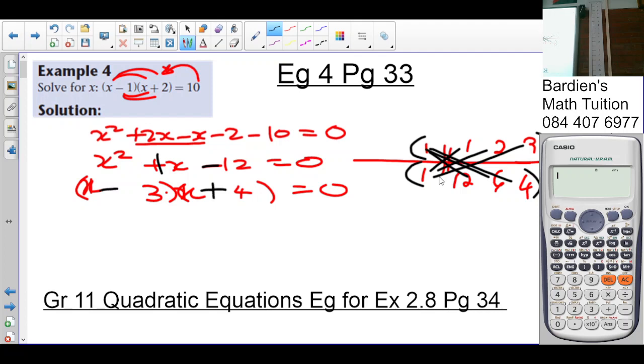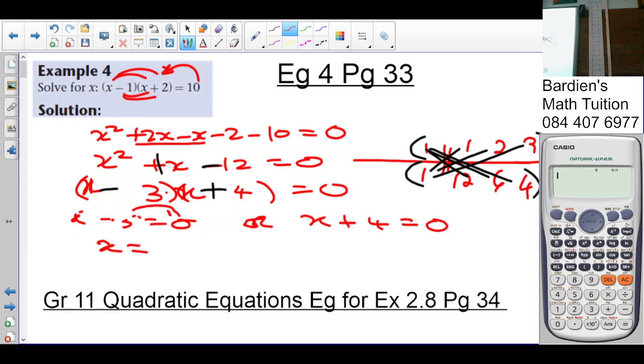So what do I say from here? x plus 4, x minus 3 is equal to 0. So x minus 3 is equal to 0, or x plus 4 is equal to 0. So x is equal to 3 or x equal to negative 4. Okay, any issues here?